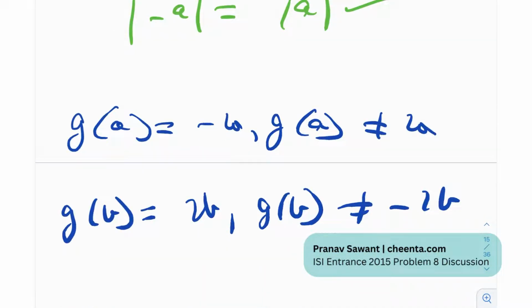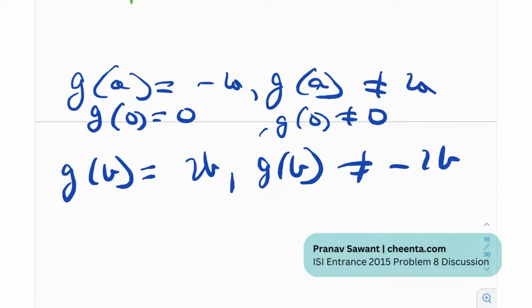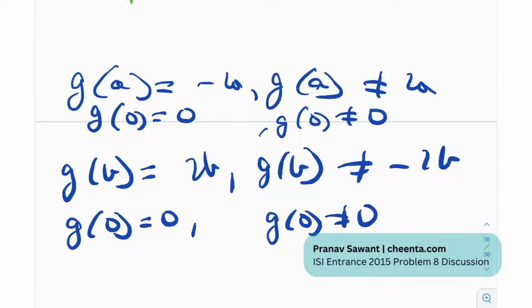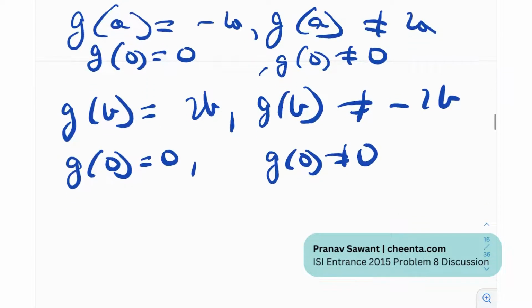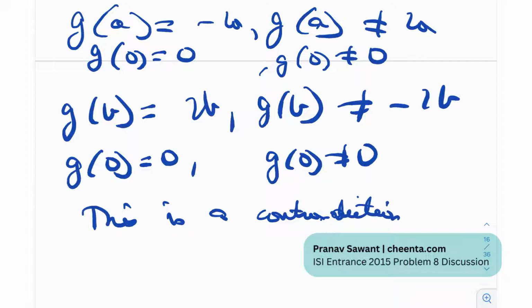So if a is 0, then we get g of 0 is equal to 0, and we get again g of b is not equal to 0. And if b is equal to 0, we get g of 0 is 0, and here we get g of 0 is not equal to 0. In both cases, we get a contradiction. Right? As simple as that. Therefore, it is not piecewise.